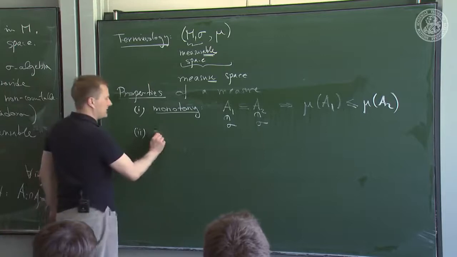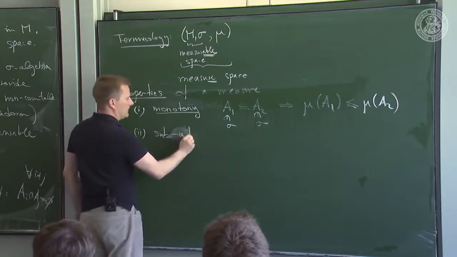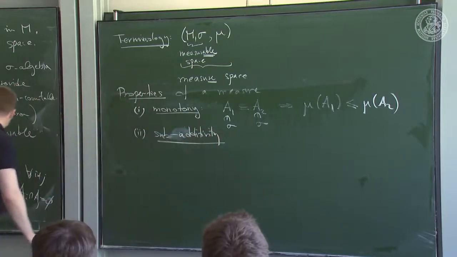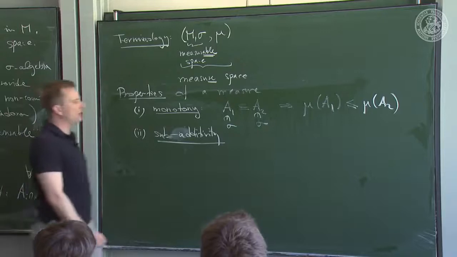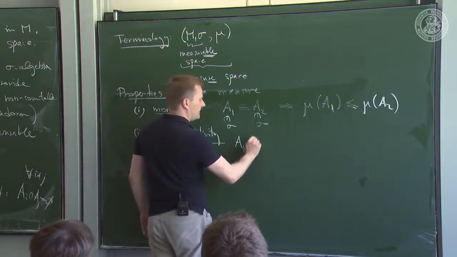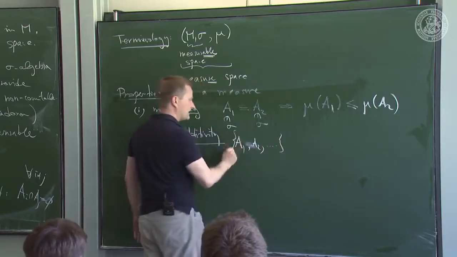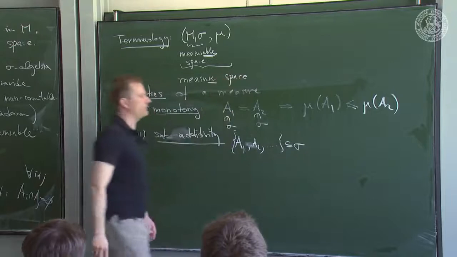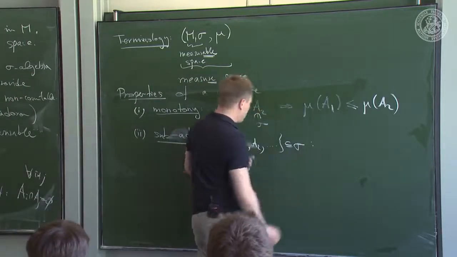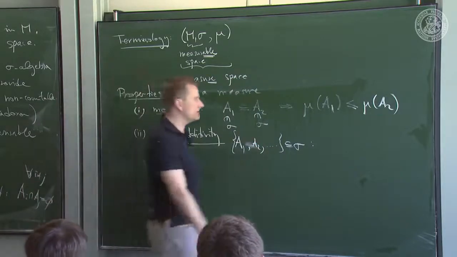Then there is a property of the measure called subadditivity. What happens if you drop the pairwise disjointness condition? Say you have a sequence of measurable sets, but you do not know whether they're mutually disjoint.